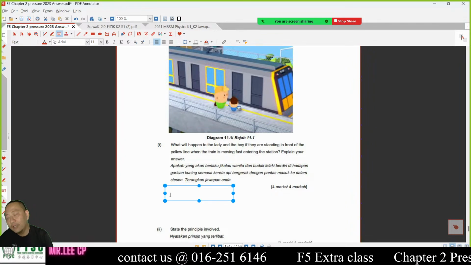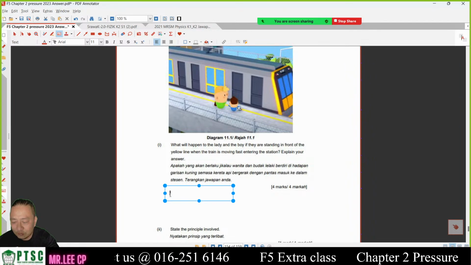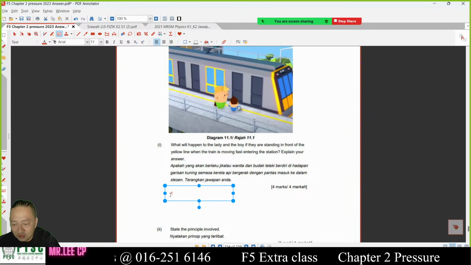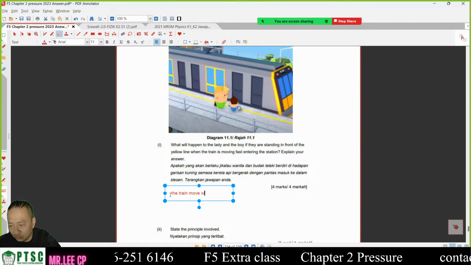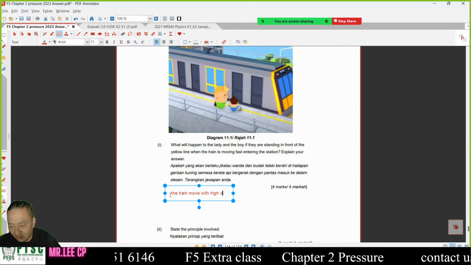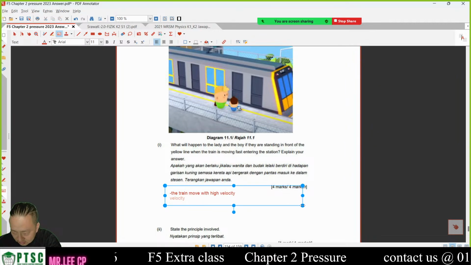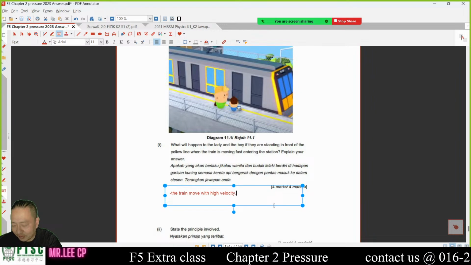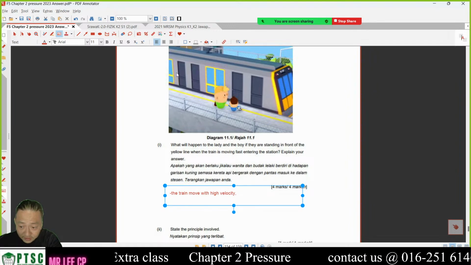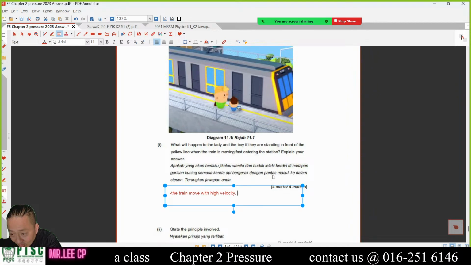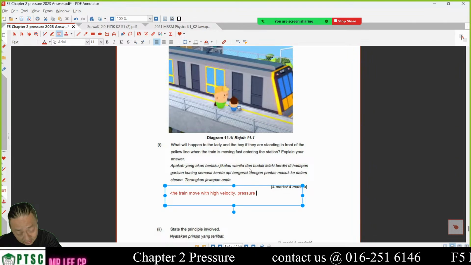Some of you know how to answer, but you don't answer it well. So the train moves with high velocity. When the train is moving with high velocity, pressure is low.